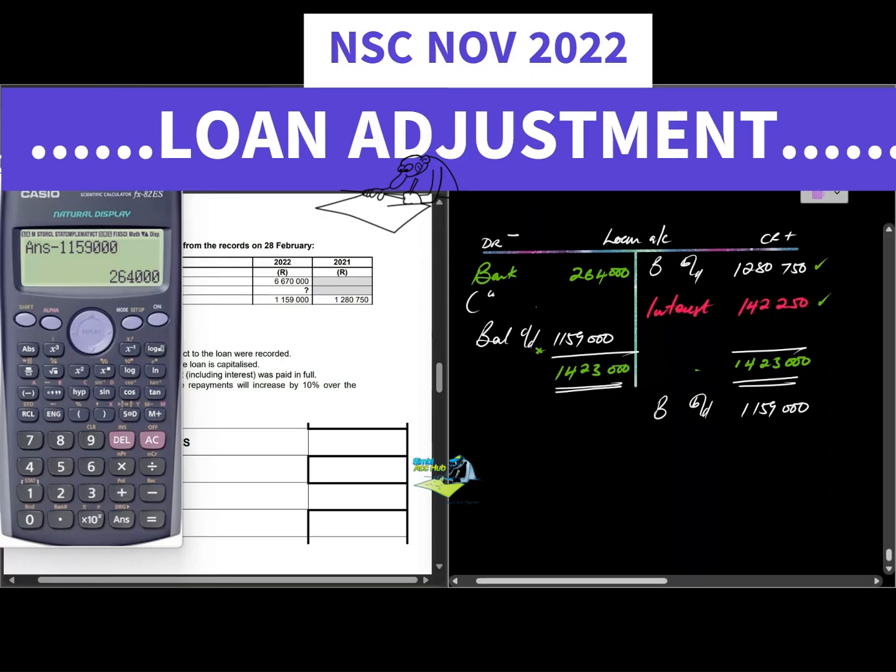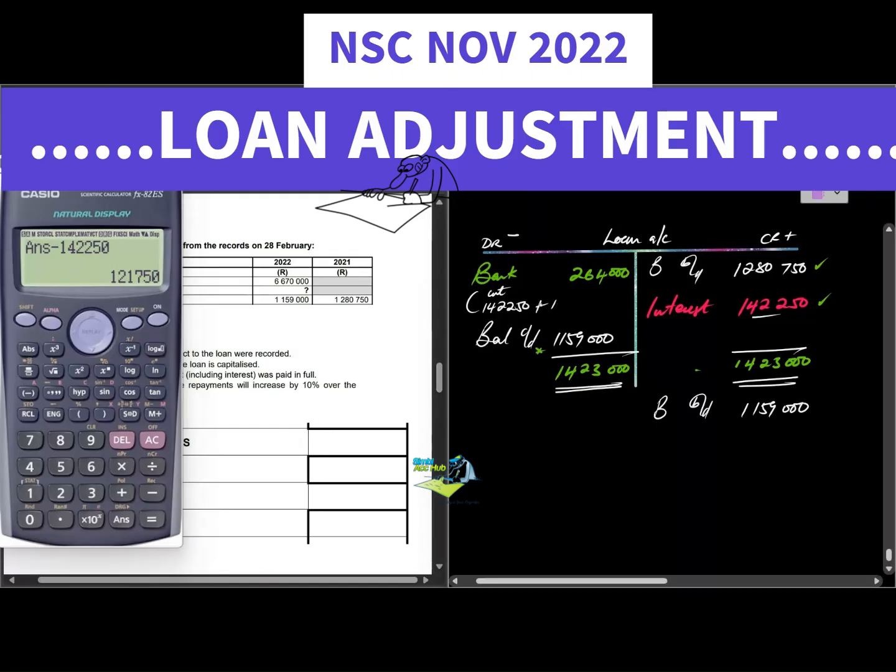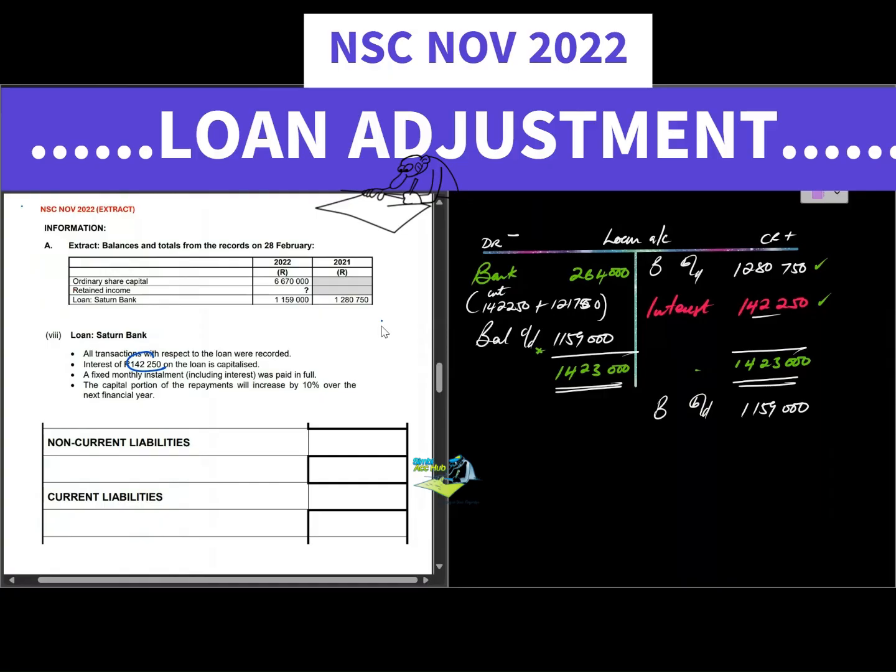The first one is your interest, which we already have, 142,250. If I subtract the 142,250, I remain with 121,750. That becomes my loan repayment. In other words, in this year, the amount of loan that we have paid is 121,750.